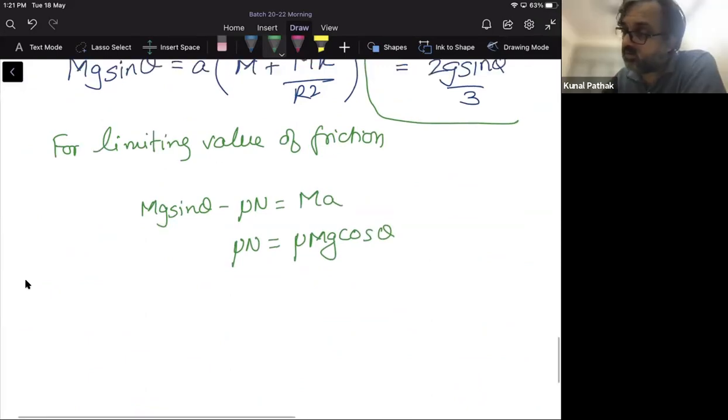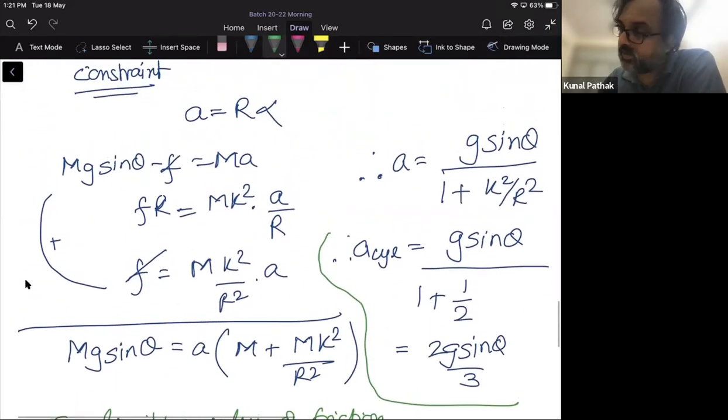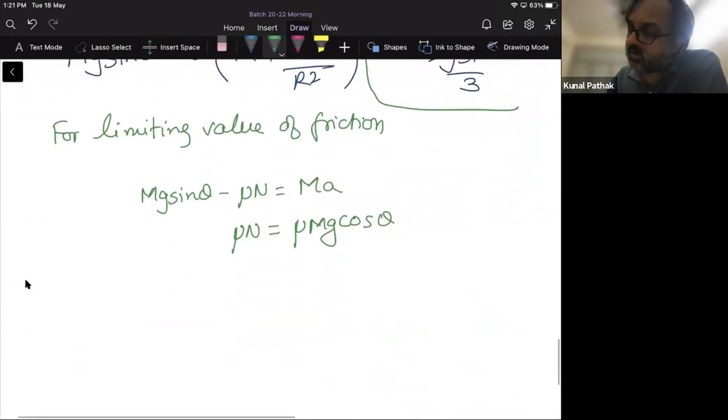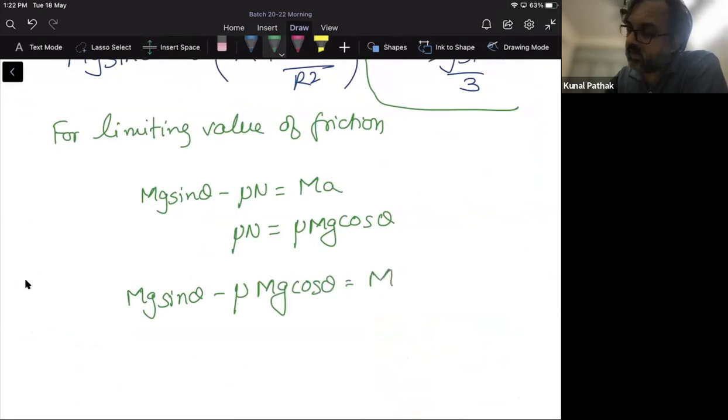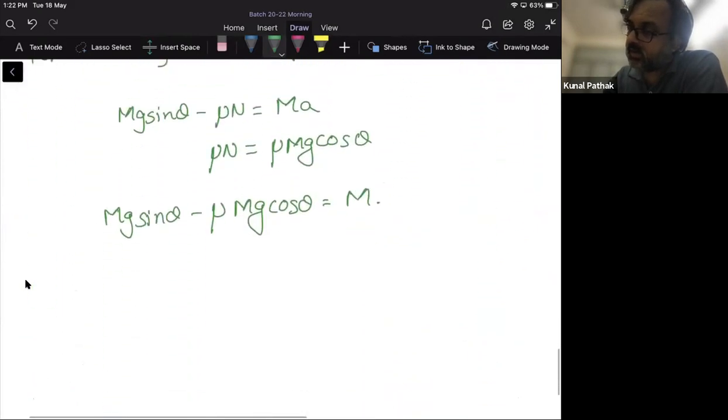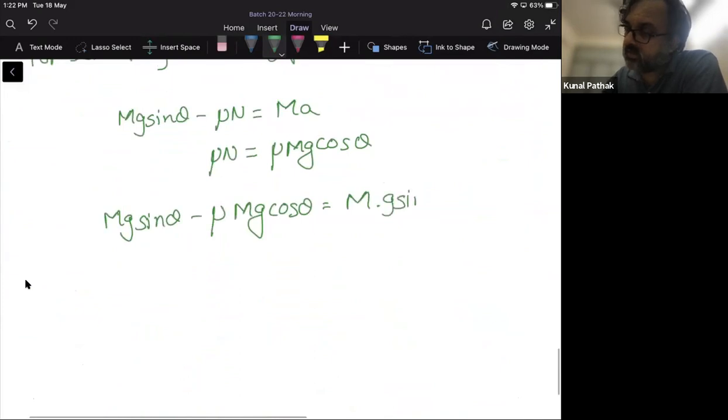Now we have already found the value of a, so let's put the value of a here. So this will become mg sin theta minus mu mg cos theta is equal to ma, which is equal to m into g sin theta upon 1 plus k square by r square.